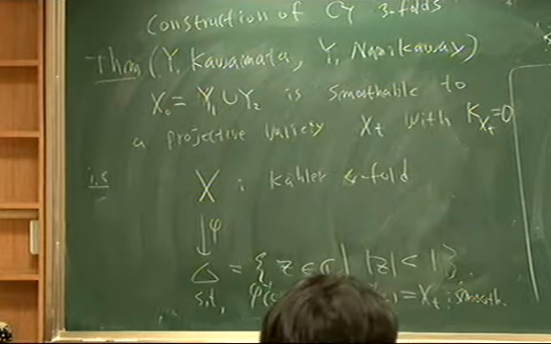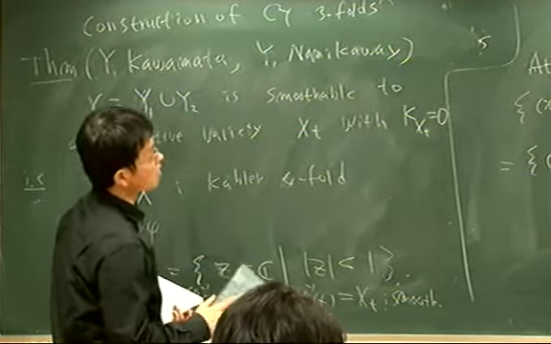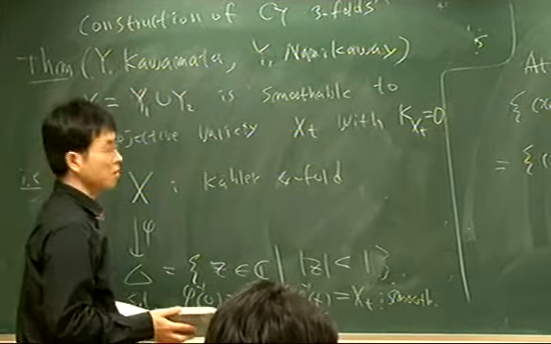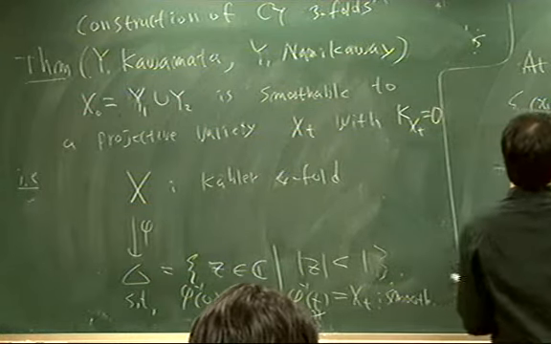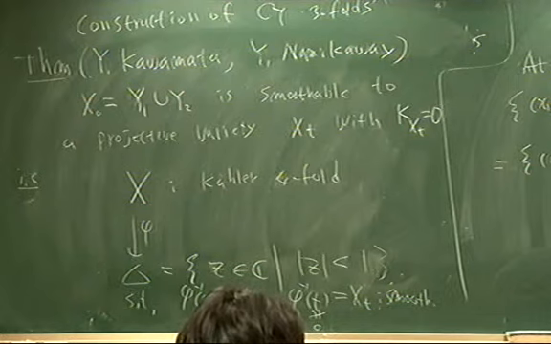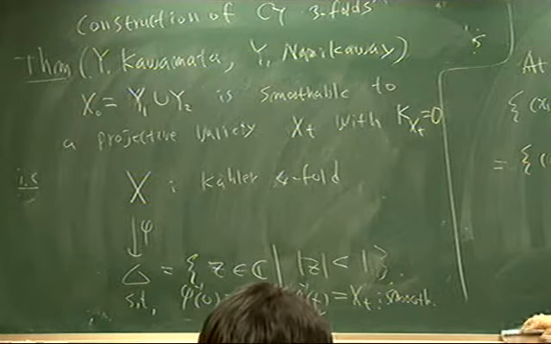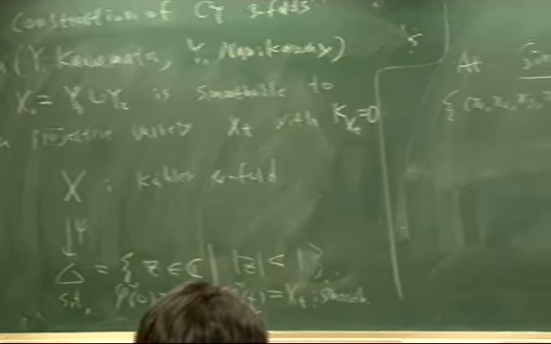So how does this work in smoothing? This is the formal one, but let's see how the singularity is resolved in a smooth process. At the singularity, it is locally like this one, and here you can replace this thing by this one.